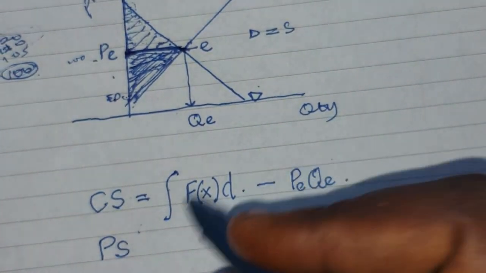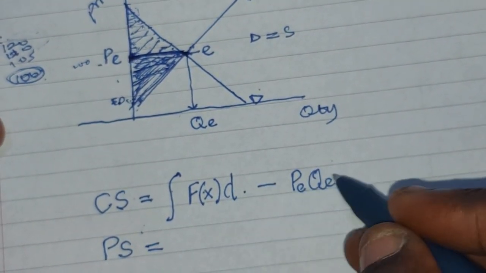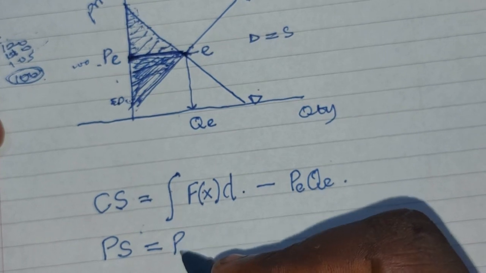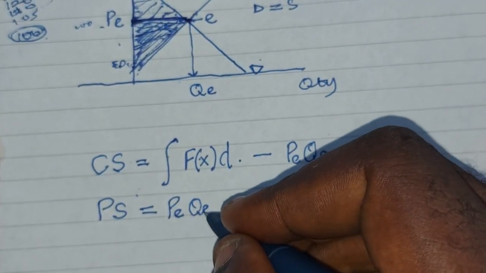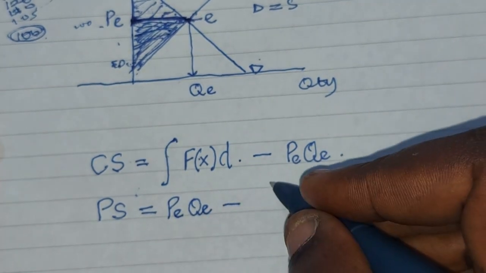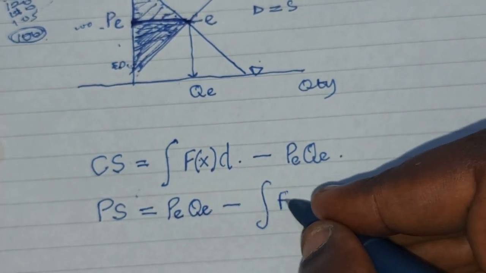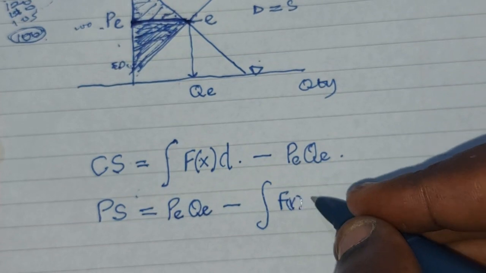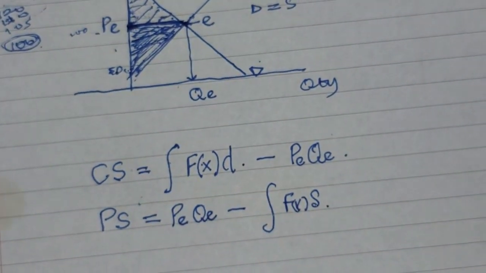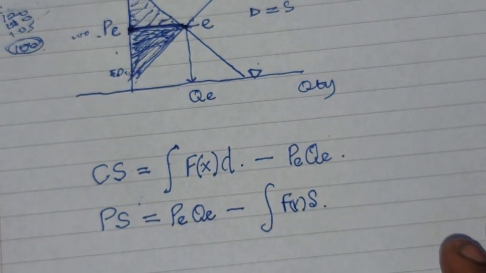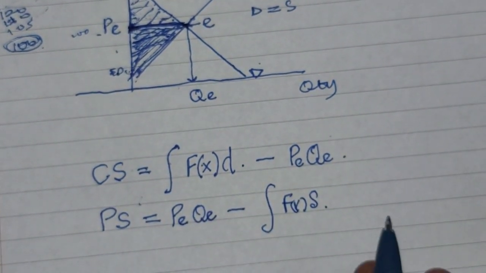So producer surplus is the equilibrium price multiplied by the equilibrium quantity minus the integration of the supply function. So using this formula, that's the application.